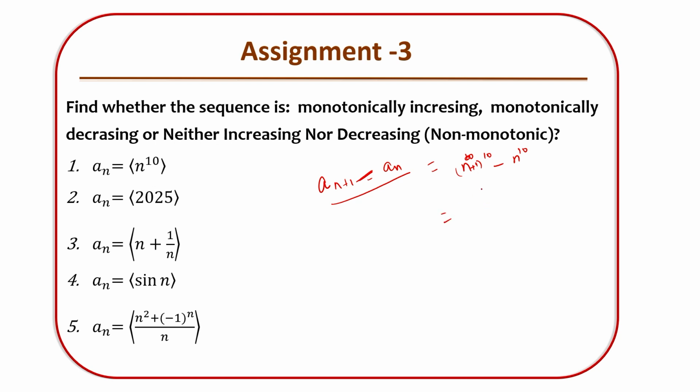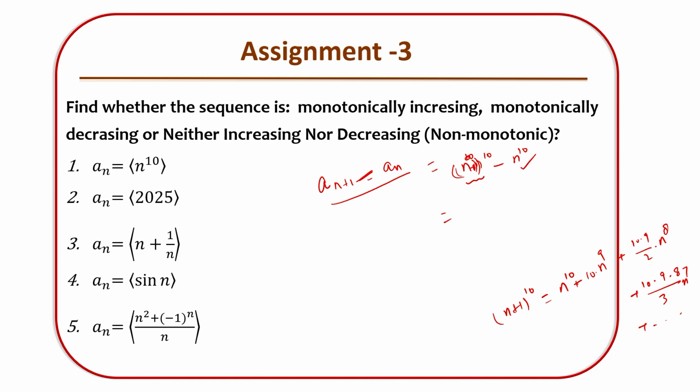As you can see here, you can expand (n+1) to the power 10 as n to the power 10 plus 10 times n to the power 9, plus 10 into 9 divided by 2 times n to the power 8, and 10 into 9 into 8 divided by 3 factorial times n to the power 7, and so on, right?